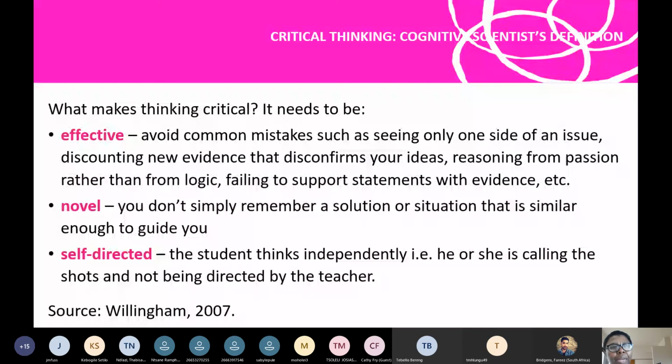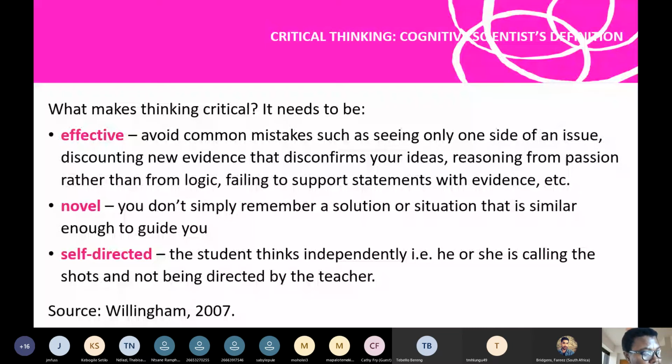And then another thing is it must be novel. You don't simply remember a solution or a situation that is similar enough to guide you. You need to be able to think. Somebody said you need to be able to think out of the box, which, when I summarize what was said here, out of the box critical thinking, I think it was Molly.